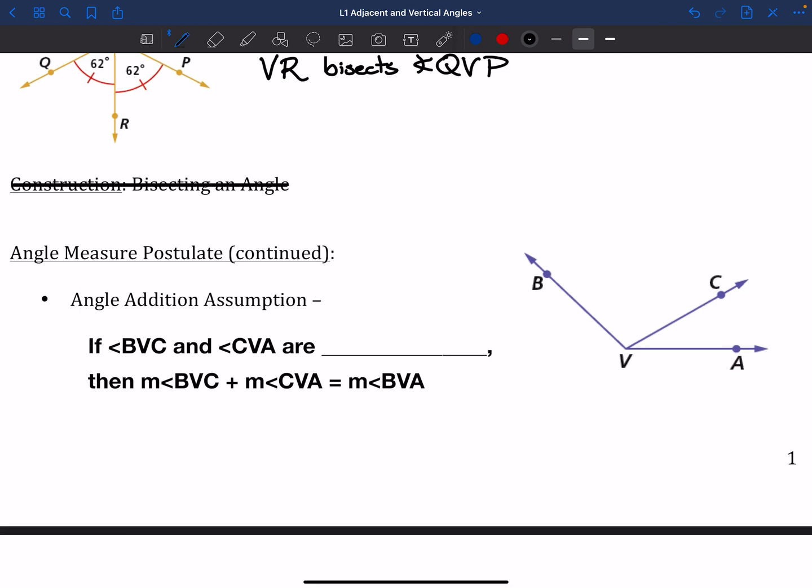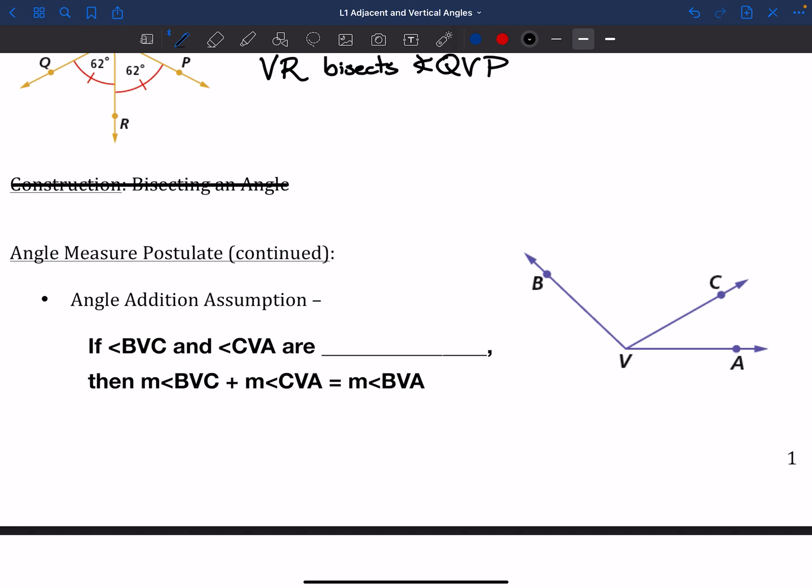We have this thing called the angle measure postulate. In geometry especially, we're going to run into these things called postulates and theorems. There are also things called lemmas that you could run into way in the future. What they are is things that we are saying will work out, and that's going to help us when we get to talking about proofs, which is coming up later this trimester.